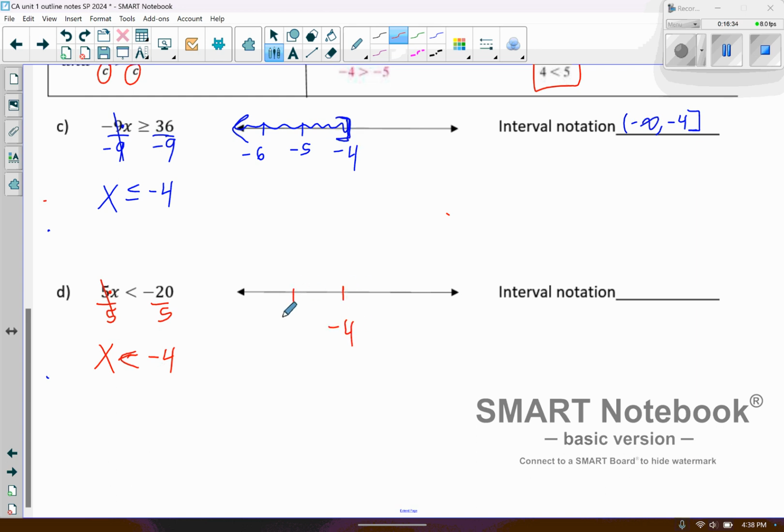So -4, -5, and so on, going that direction. And we're going to shade that direction also, and we're going to put a parenthesis on it. So this one's going to be from -infinity to -4 parenthesis. So almost the same solution. The only difference was the bracket and the parenthesis.